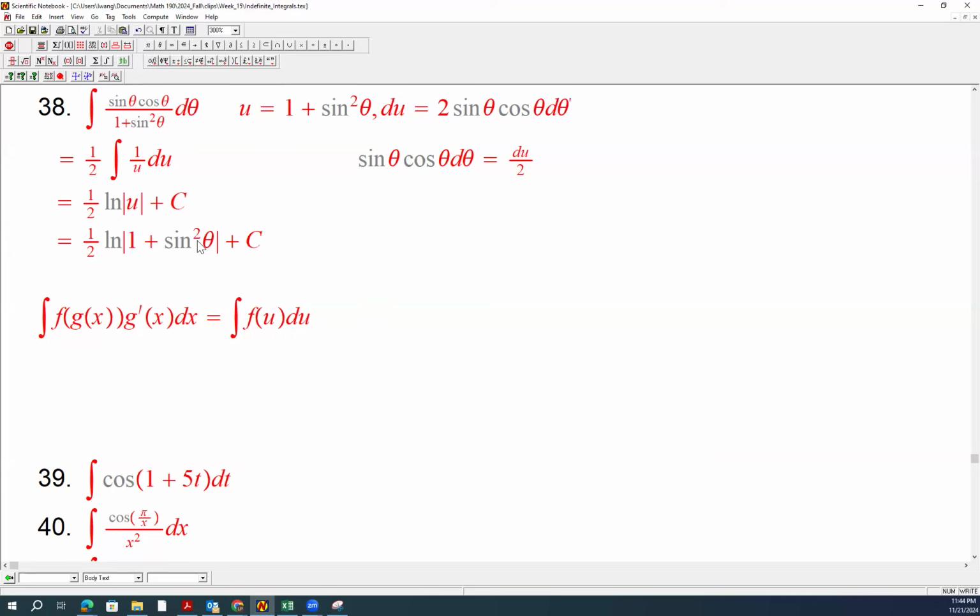You see, sine squared theta is always at least 0. Plus 1 is always positive, right? So if this is the case, we actually can drop the absolute value. And of course, for the latter one, we have to put parentheses. So sometimes we could drop the absolute value, even though having the absolute value there is safe. But if we can drop it, then drop it.